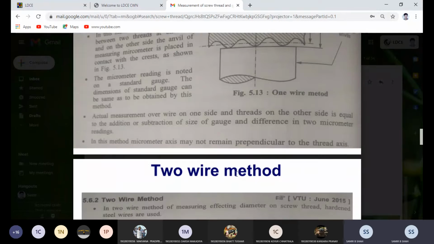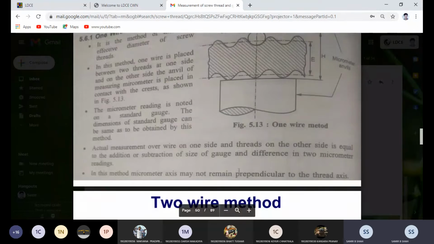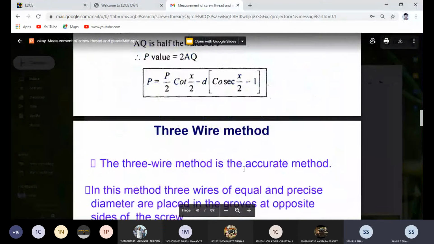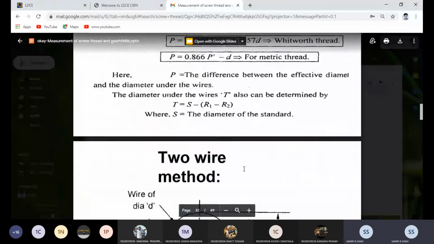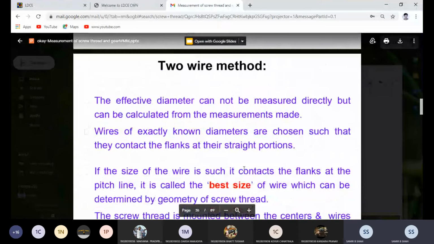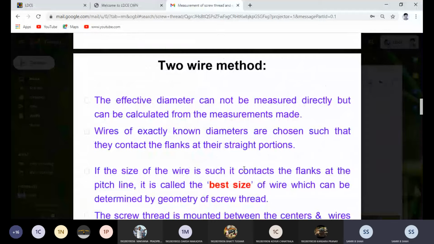Now, very important, two wire method. As we know, the effective diameter we do not measure directly, as discussed for the previous parameters.